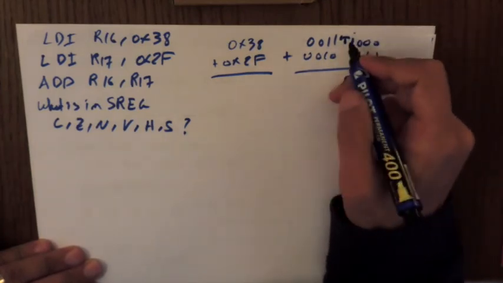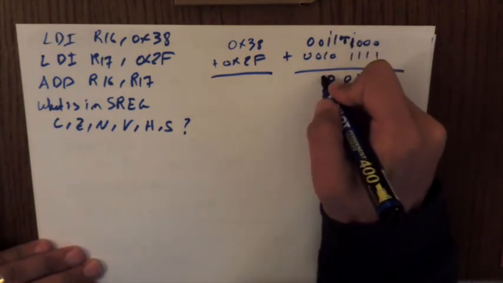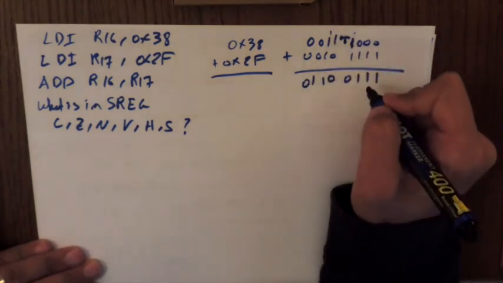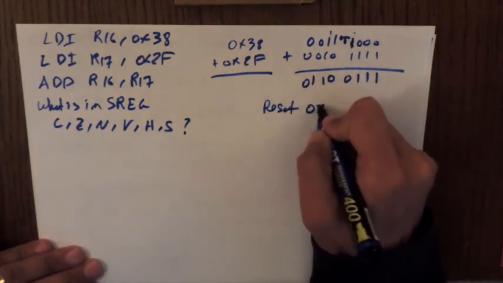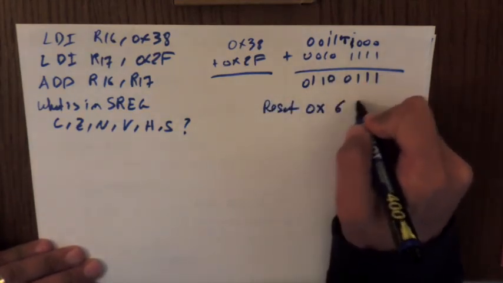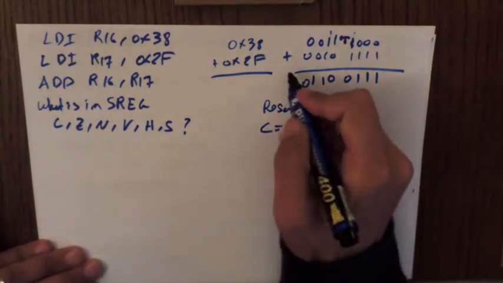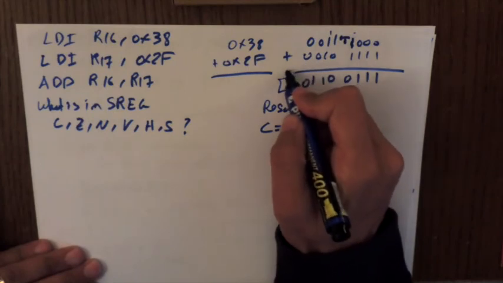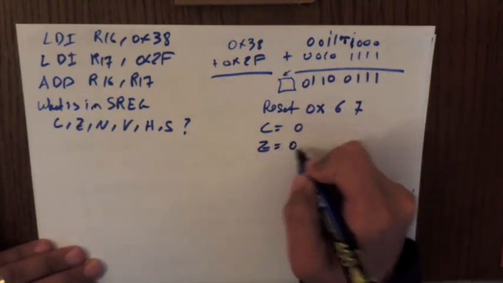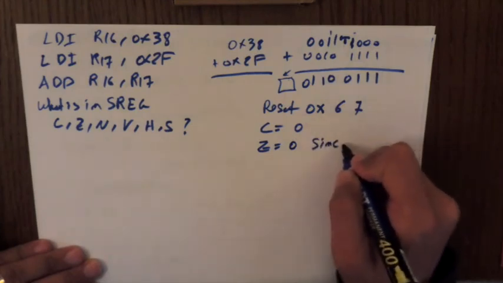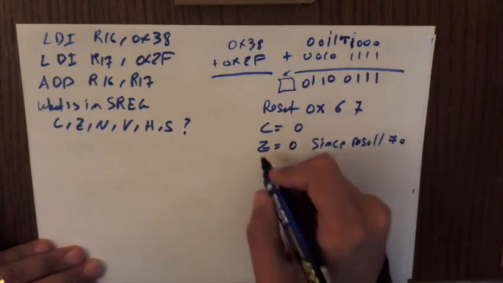This is the half carry. So I have here 1 plus 1, 0, 1, 1, 0. So the result is 0x67. Carry will be 0 since I don't have an overflow from this operation. Z will be 0 since the result is not equal to 0.